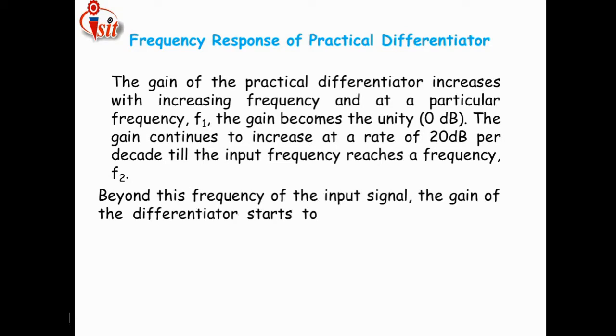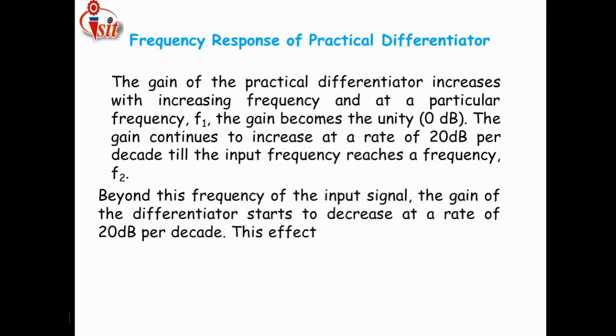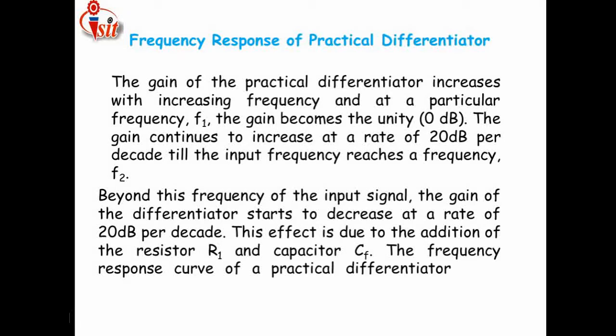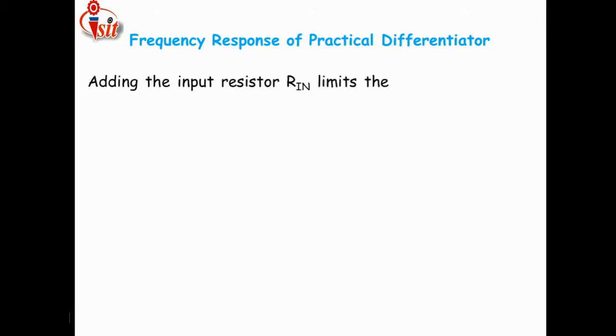Beyond this frequency of the input signal, the gain of the differentiator starts to decrease at a rate of 20 dB per decade. This effect is due to the addition of the resistor R1 and the capacitor CF, which are connected side by side in parallel. The frequency response curve of a practical differentiator is shown in the figure below. Just see what that shows.